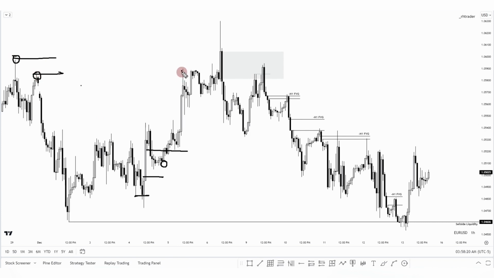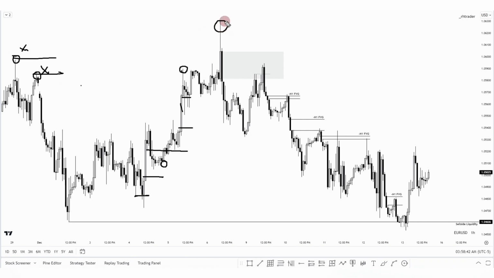You can see here price has only taken this one, but the ultimate liquidity objective has not yet been taken. Comes down lower again, we have another bullish fair value gap which supports price and then moves higher to eventually take out liquidity.